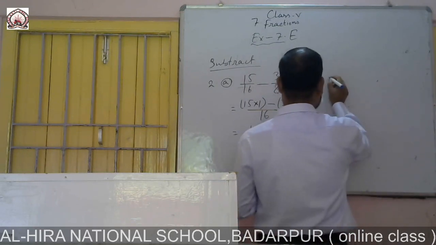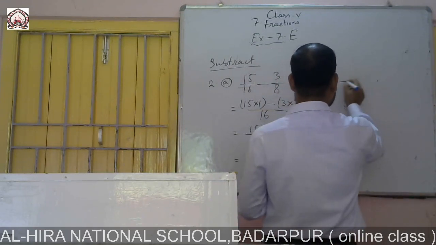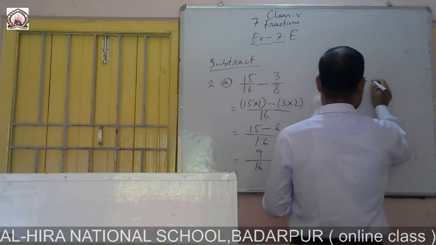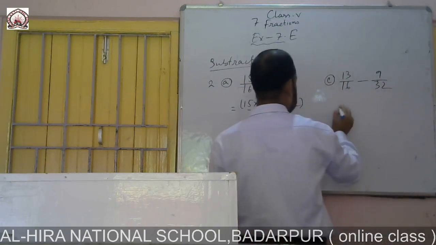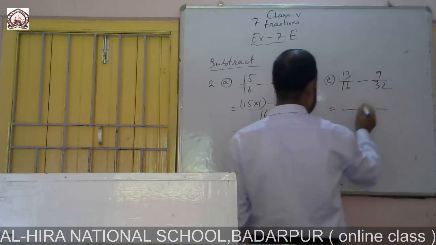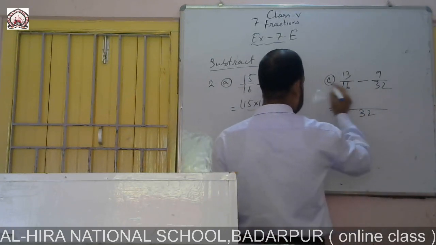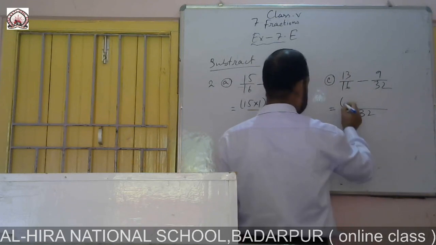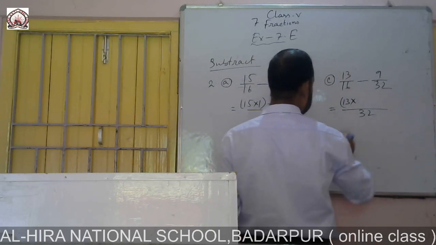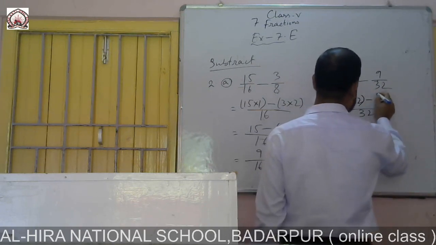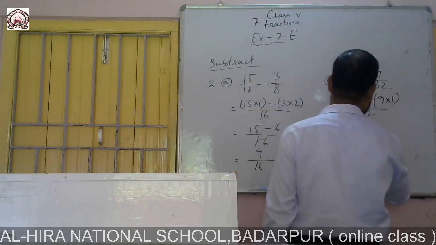Question number C. 13 by 16 minus 9 by 32. So we take out LCM of 16 and 32. LCM is 32. Here 13 into 16 twos are 32, 2 ones are 32.